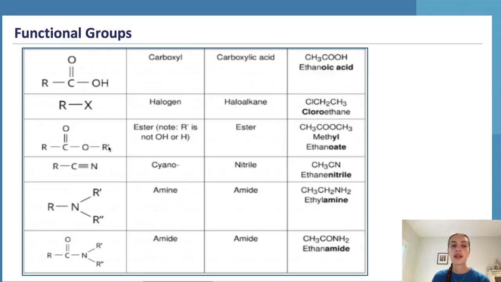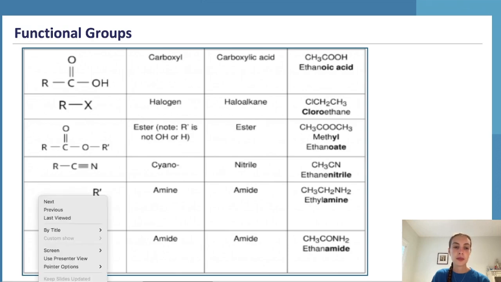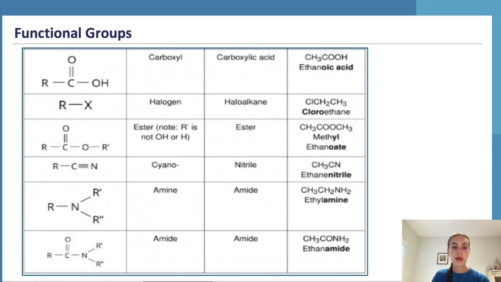So if we're looking at this, it would be one carbon over here. And ethanoate is the start of the molecule where we'd have a carbon here and a carbon here, so ethanoate being 2 carbons long, with that double bonded oxygen. And so methyl ethanoate would have 2 carbons at the start.